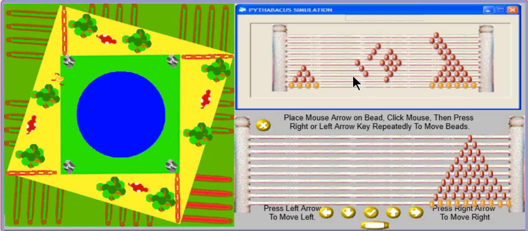So each of these beads is 1 times 3. The A side is 1 and the B side is 3. This represents this plot of land, and this one represents this plot of land. And so let's continue taking the tenant farmer around to do his job.